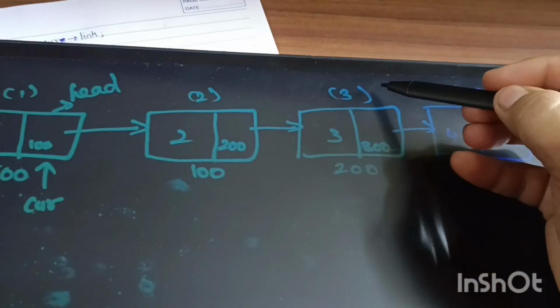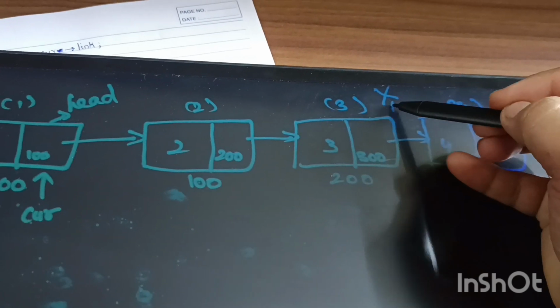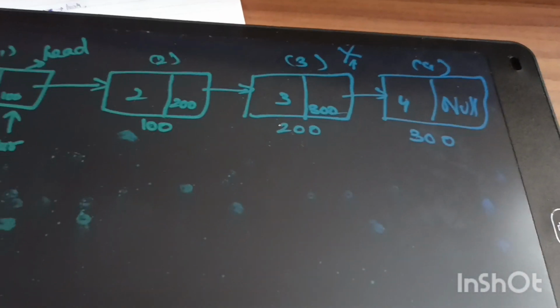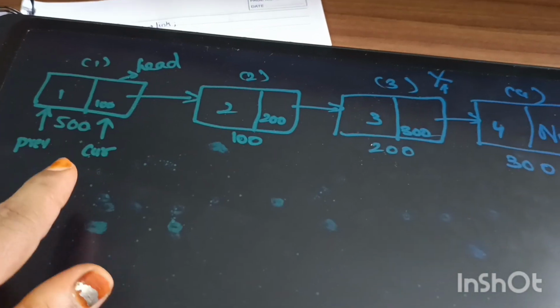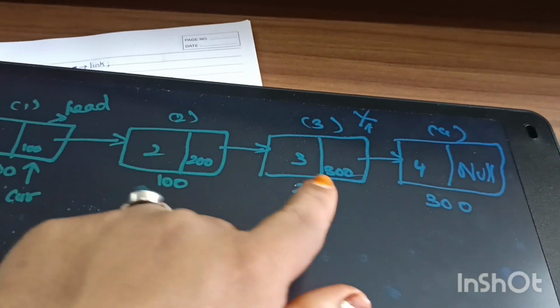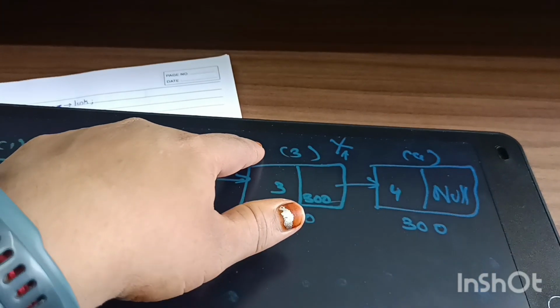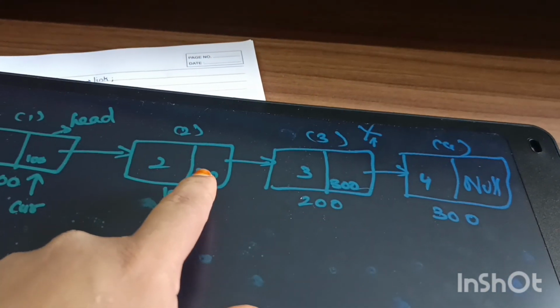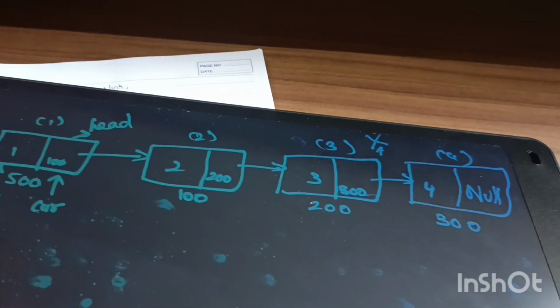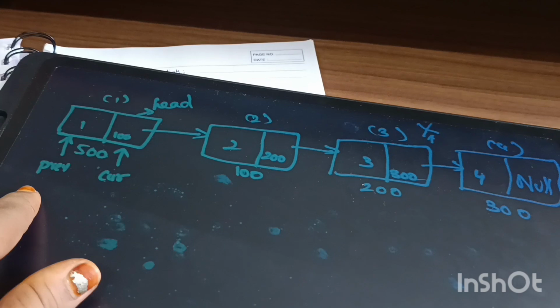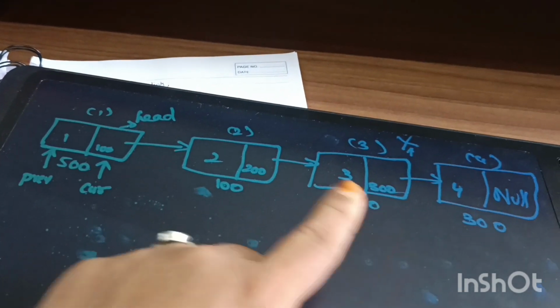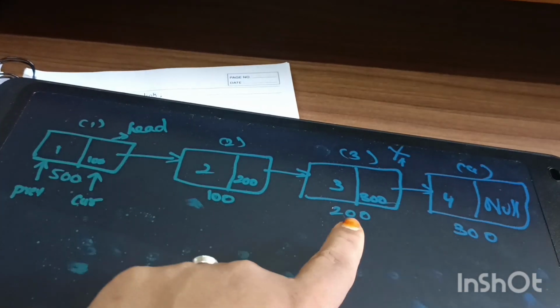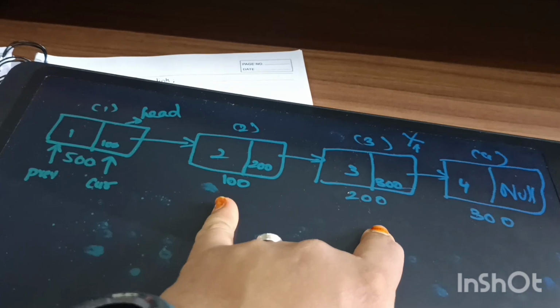For this particular node, first of all, I have to travel from here to here to here, till I reach the third node. So I have taken 2 pointers, current and previous. Current will move forward, previous will be just behind. So current will be here, previous will be here.